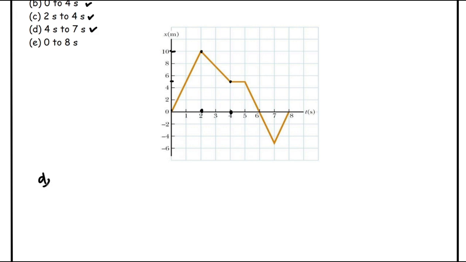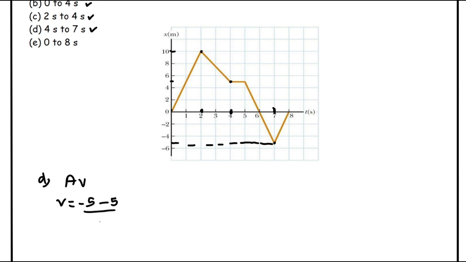Now let's move on to the next one, from 4 to 7 seconds. Average velocity, so that's from 4 up to 7 seconds. Average velocity is equal to the final displacement, which is roughly around -5, minus the initial displacement at 4 seconds, which was +5.